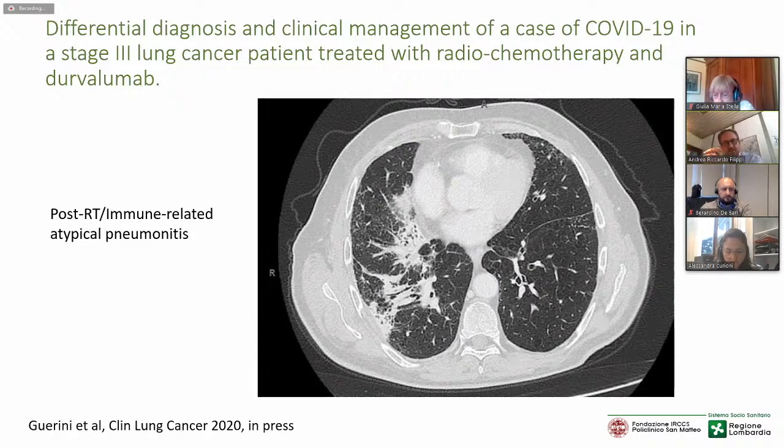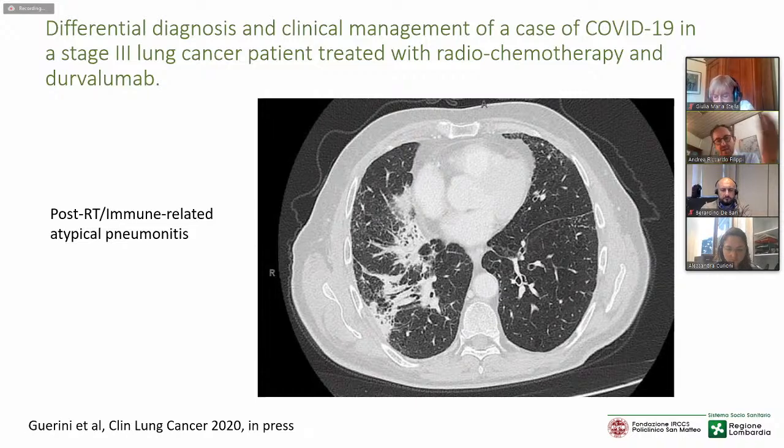In any case, this was treated with corticosteroids. It was 1 month before the epidemic spread in Italy, so basically in January. Durvalumab was stopped. The patient was treated with corticosteroids, and then after 1 month, he had a good recovery.